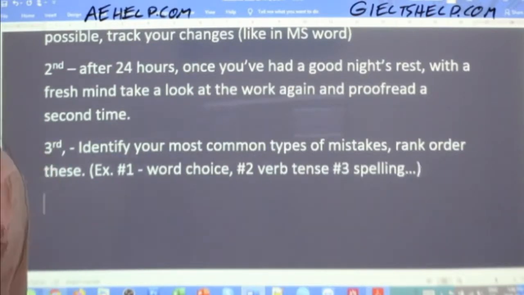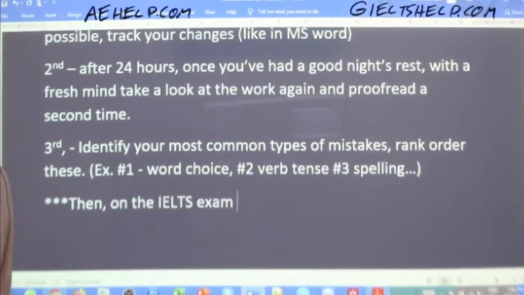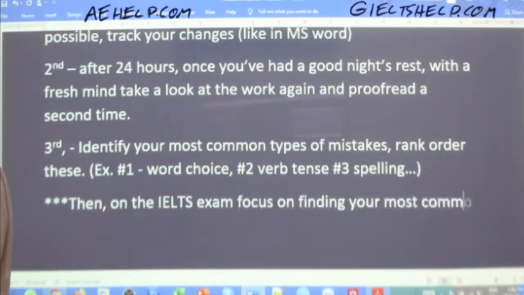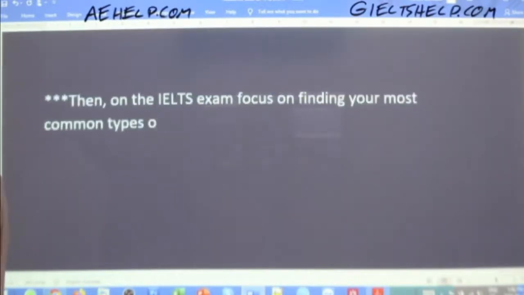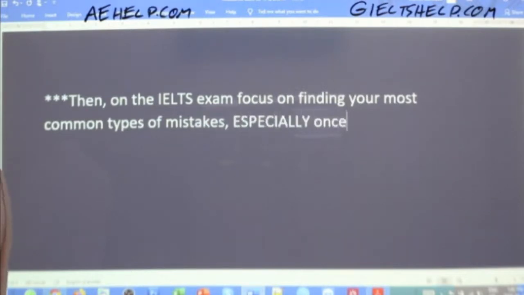The reason why that's really important is then on the IELTS exam, focus on finding your most common types of mistakes when you proofread if you have time, especially ones that cause coherence problems.